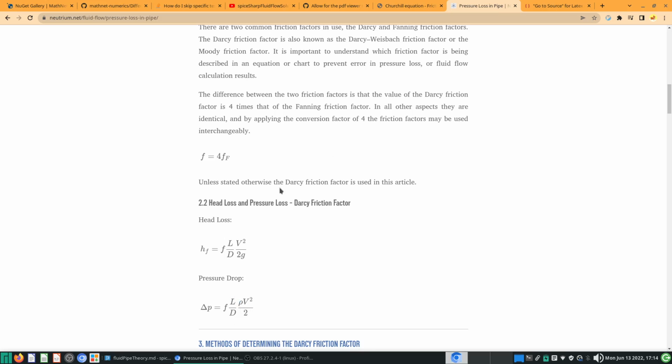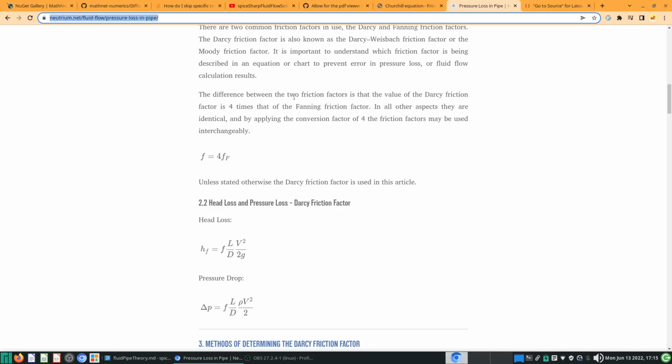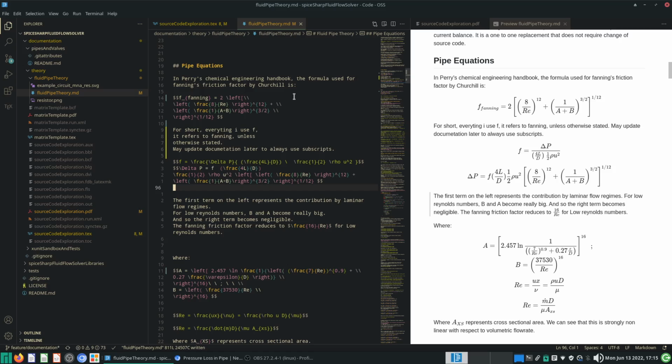Okay, this is using Darcy's friction factor. So if you want to substitute it for Fanning's friction factor, let me put the source here.